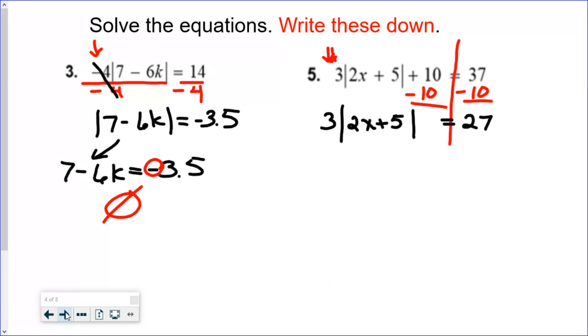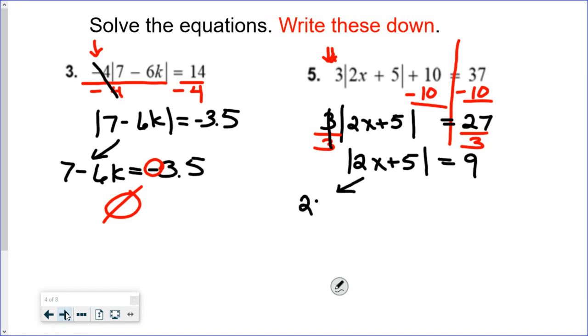Now I need to divide by 3 on both sides. And I have the absolute value of 2x plus 5 equals 9. Now it is an absolute value equation, so I write 2x plus 5 equals 9. It's positive, so I'm still good to go. 2x plus 5 equals negative 9.